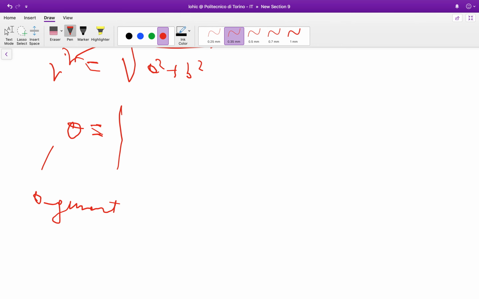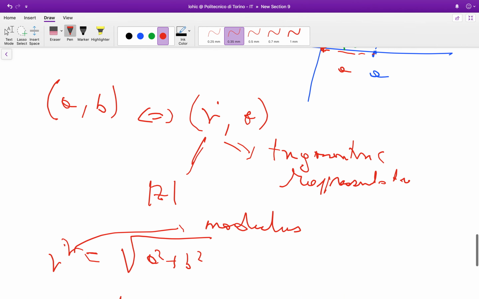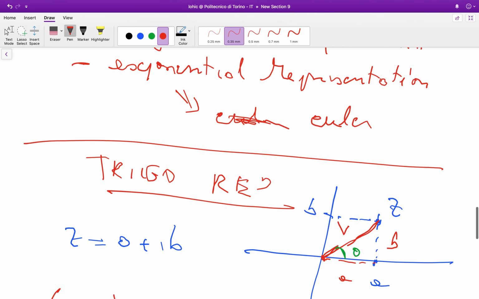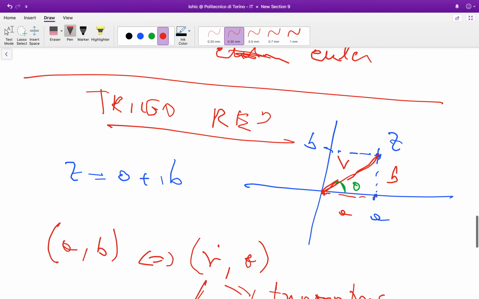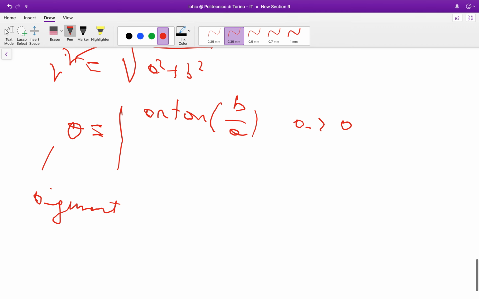To find theta, I will not go into details, but theta will be the arctangent of b over a, if a is greater than 0. If you are using a complex number with a greater than 0, it will be that.